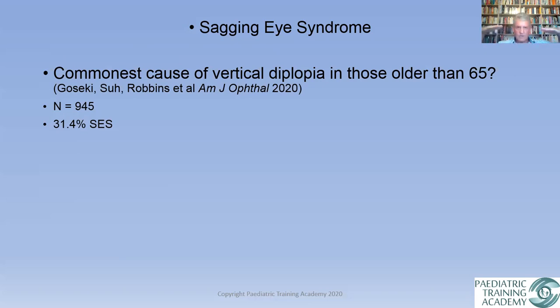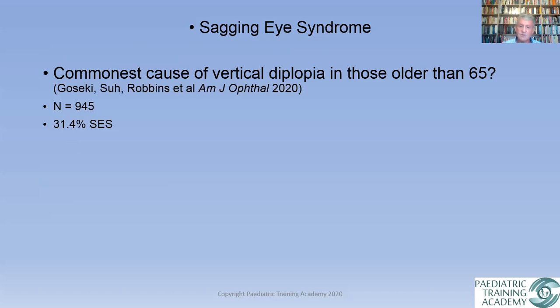So instead of working horizontally, they start working half horizontally and half vertically, and it induces vertical diplopia. So the commonest cause of vertical diplopia in those older than 65 is in fact sagging eye syndrome. The study looked at 945 patients over 65, and 31.4% were due to sagging eye syndrome, something I only learned in the last few months.